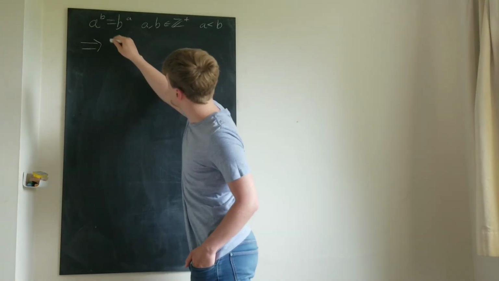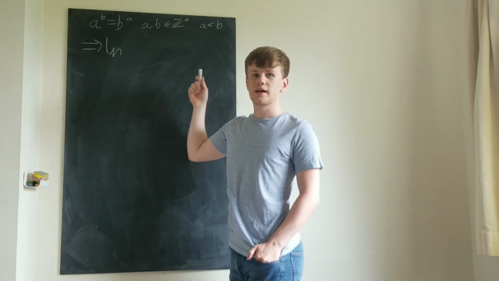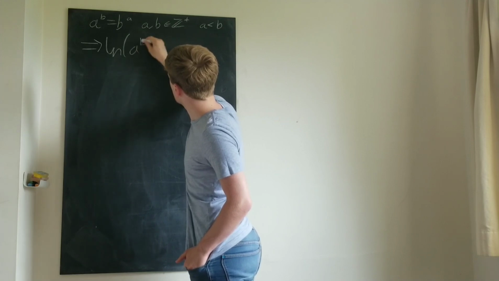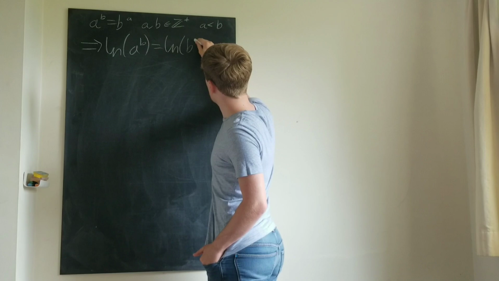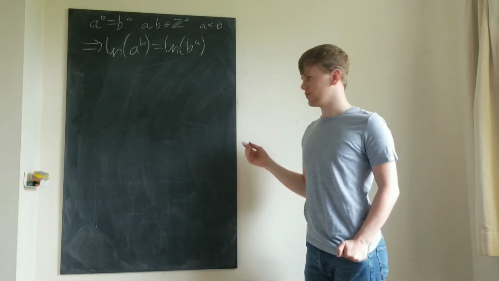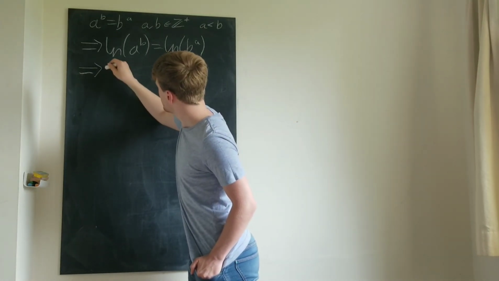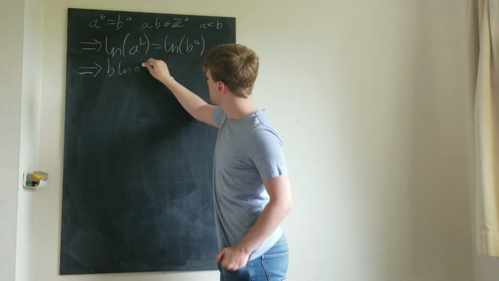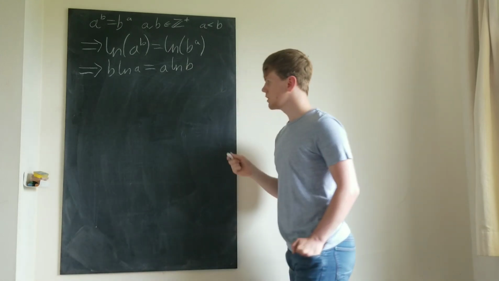We're allowed to do that because a and b are both positive, and so a to the b and b to the a must also both be positive. So ln of a to the b equals ln of b to the a. Now, because a and b are both positive again, we can use our log rules to say that b ln a is equal to a ln b.